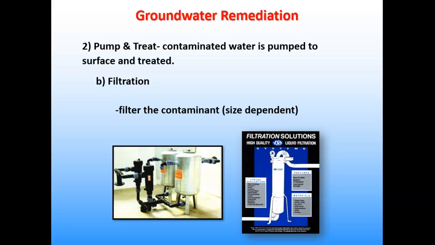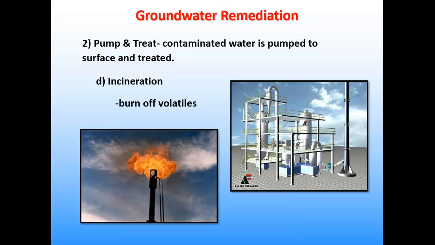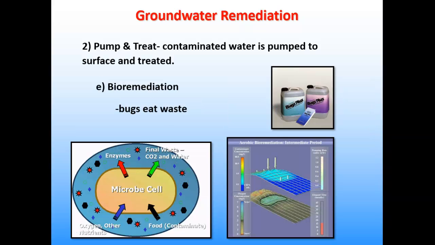It can be air stripping, where we use air to push through and get some out. Sometimes we burn them out, right? So we can incinerate some of the volatiles that are in the groundwater. We pull it out. Sometimes we use bioremediation, some type of pump and treat where we have biological organisms that can do that.